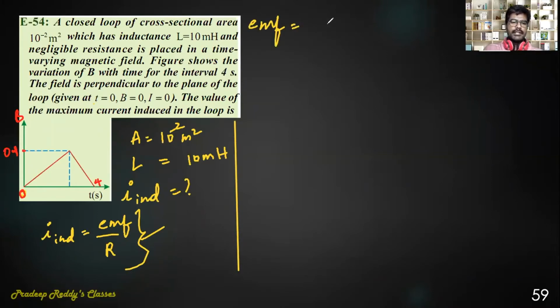EMF induced is equal to minus L into di divided by dt. Right? So EMF induced can also be written as d phi by dt, which is equal to minus L into di by dt.